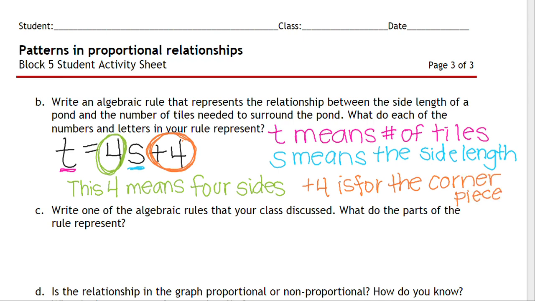And remember, like I was saying earlier, no matter how big your pool gets, you're always going to have 4 corners, and no matter how little your pool gets, you're always going to have 4 corners. And we showed that in our model pretty well.